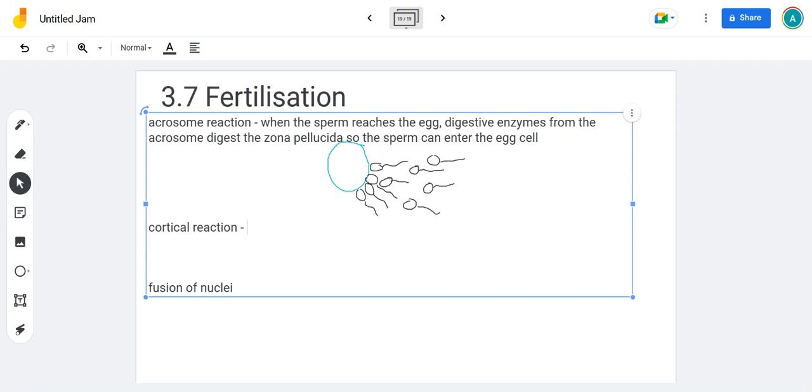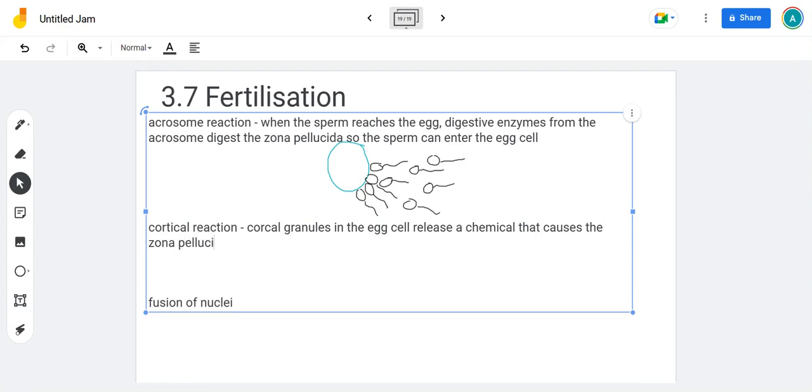Okay, so the cortical reaction is the cortical granules in the egg cell release chemicals that cause the zona pellucida to harden and thicken to prevent any more sperm from entering.